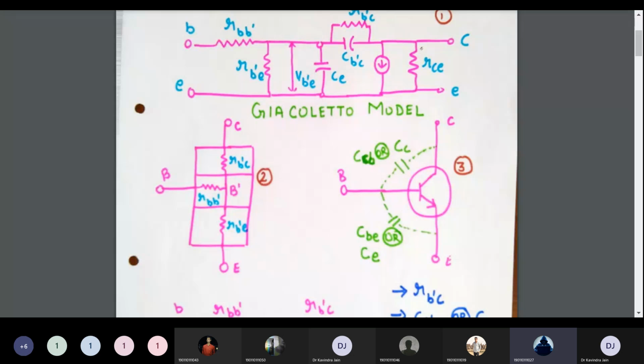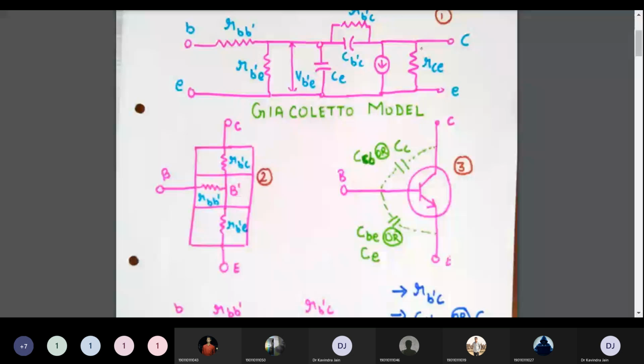Yes, sir. We have already studied what is the Giacoletto model. In this Giacoletto model, we were discussing various parameters that were unknown to us. We started with the basic connection between the virtually present B dash and C. That connection was known as R B dash C. Now, in our figure number 3, we were discussing diffusion capacitance, that is C E, and in common terms it is known as C B dash E. This B dash represented the virtual presentation.